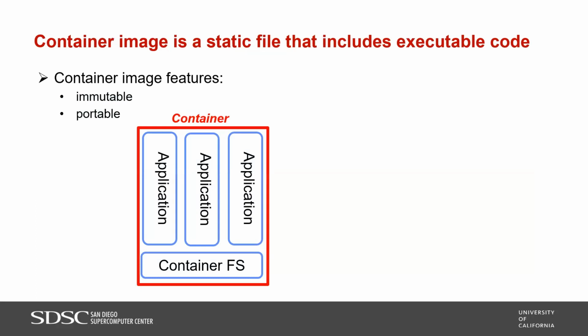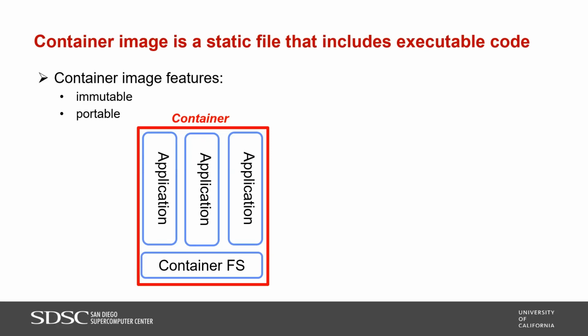Okay, so we have heard the term container image a few times. So what is an image? A container image is a static file that includes the executable code, and also any dependencies and data sets that you need to run your software and help you repeat your results.